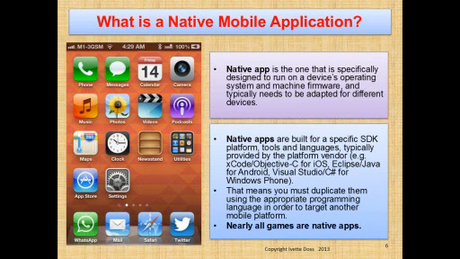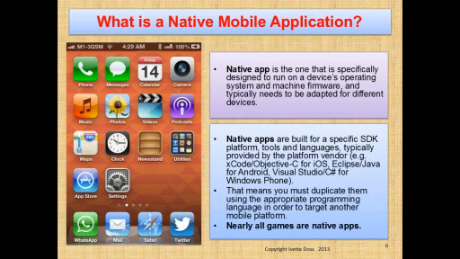So what is a native mobile app? It's one that's specifically designed to run on a specific device, so typically it needs to be adapted to different devices. A good example: we use a specific SDK, special tools and languages, normally provided by the platform vendor.